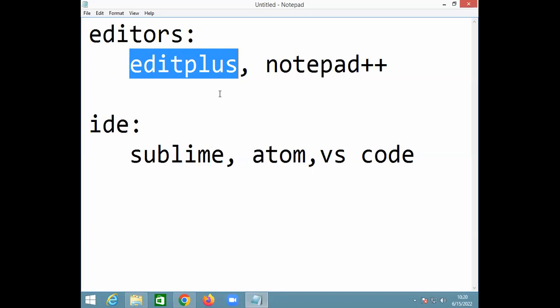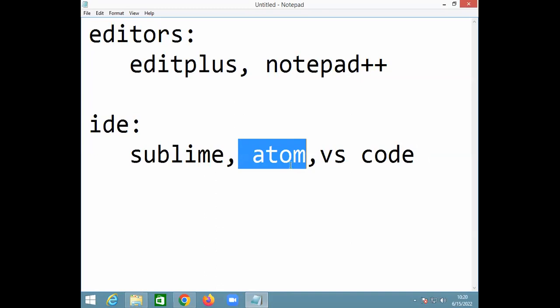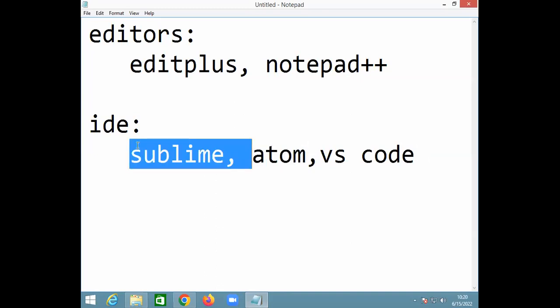Suppose all companies use only one editor, say Visual Studio. Then why are companies releasing Atom and Sublime? Any answer? Time pass releasing?